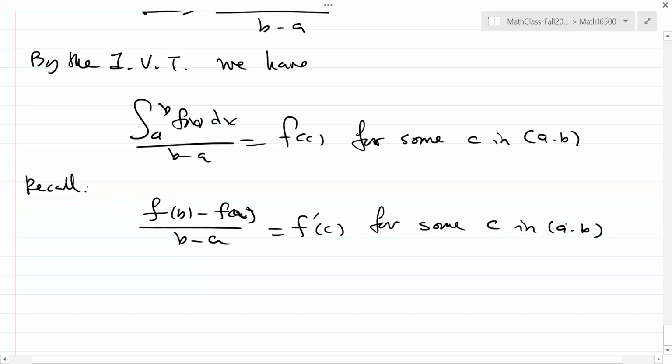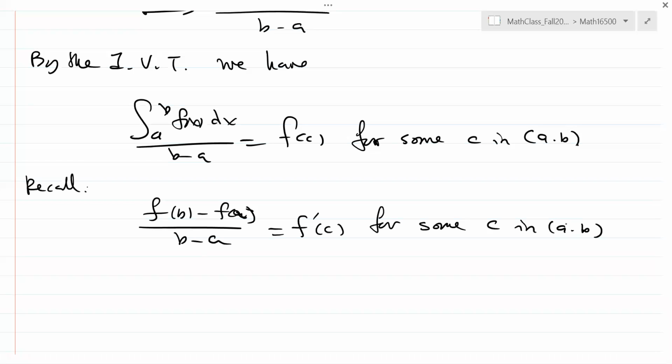This is the average rate of change over this interval from a to b. The difference of change, divided by the size of the interval, equals the rate of change at some point. This is the average value, not the change of the value. They're quite different.